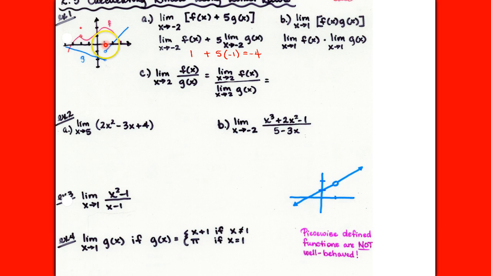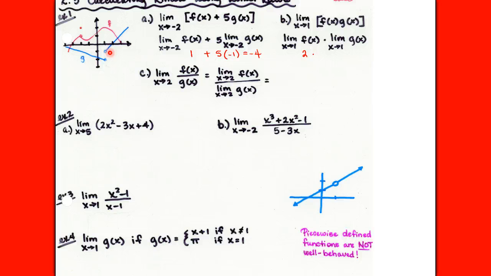So if I come over here as x approaches 1, what is the limit of my red graph? Yeah, it looks like it might be a value of 2. All right, then I want to find the limit of g of x, my blue graph, as x approaches 1. So as I approach 1 from the left-hand side and I approach 1 from the right-hand side, what does that look like that limit is? It doesn't exist.